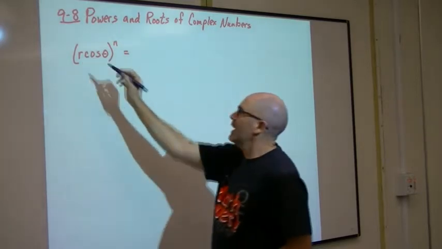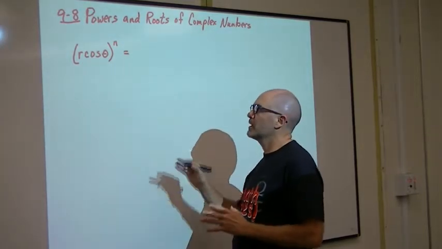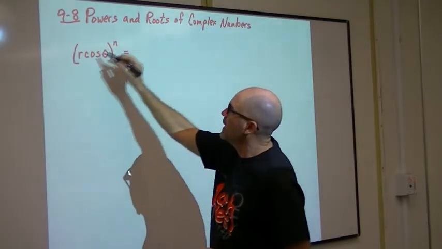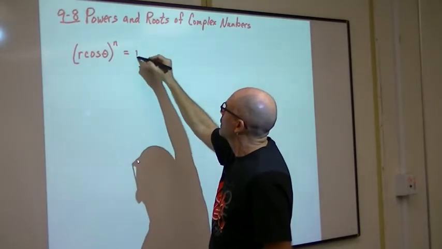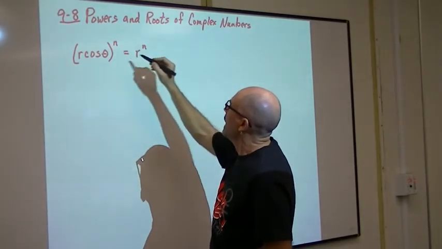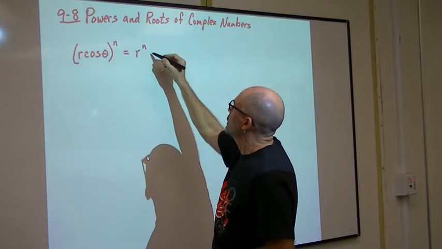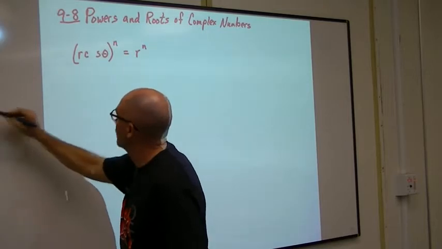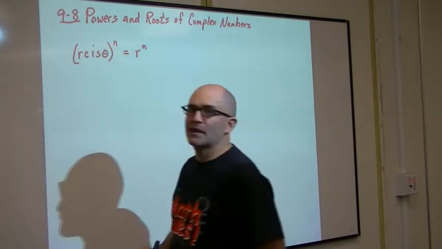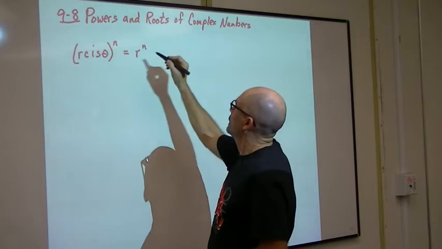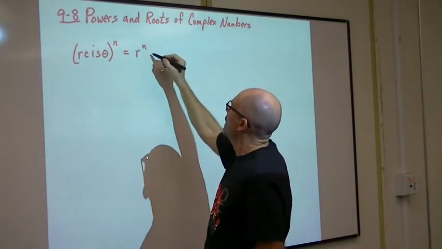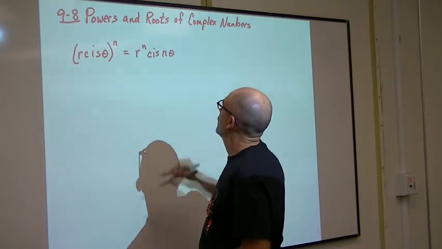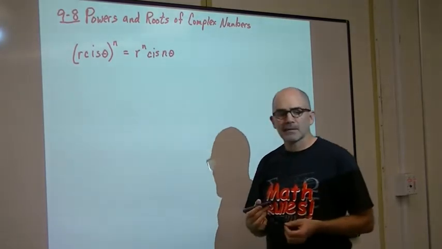Now if I multiply the complex numbers, meaning multiplying the radii, then I just take the radii to the nth power. And I add the angles, so what I'm going to do, rats, it's not cosine, it's cis. Okay, so it's r to the nth power cis n theta. That's it, piece of cake.